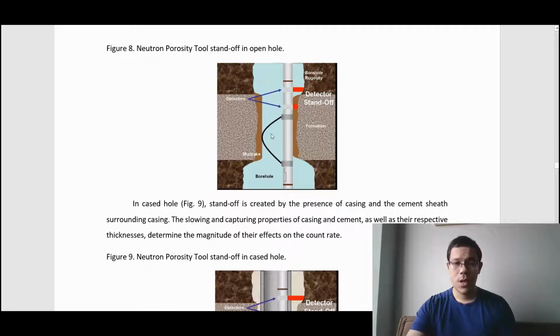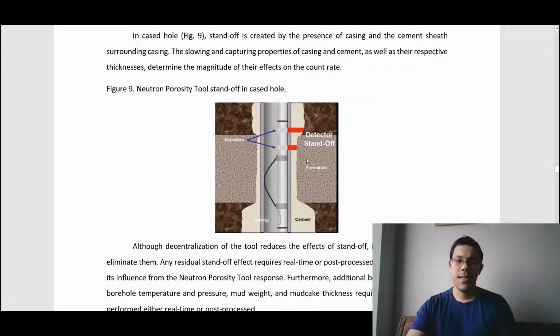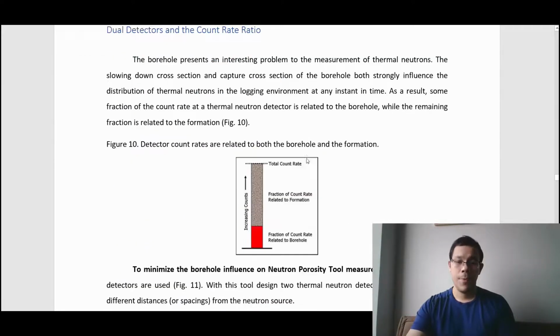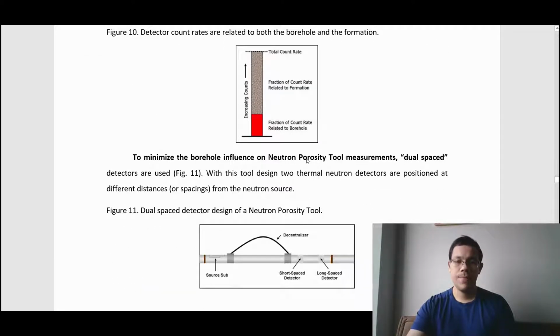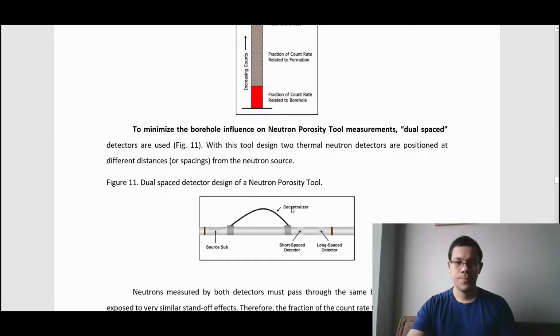This is our neutron tool, our decentralizer, and we can see two detectors. Whenever you see two detectors in any logging tool, they are compensating for something. In this case, they are compensating for the standoff. Remember that the standoff is the physical distance between the formation and the detector.